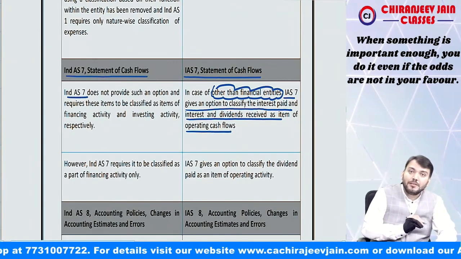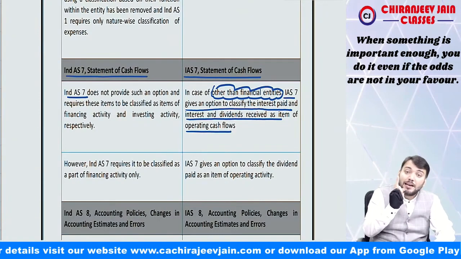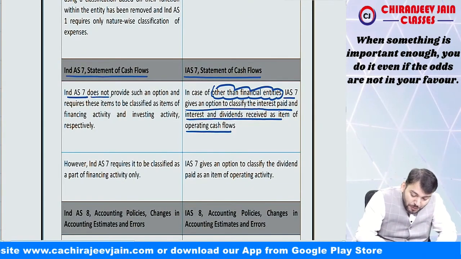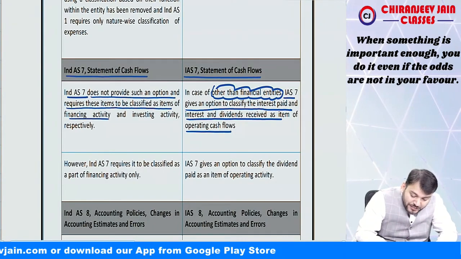Means under Ind AS 7, interest paid will always be financing activity, and interest received and dividend received will always be investing activity, if you remember. So Ind AS 7 does not provide such an option and requires these items to be classified as financing activity and investing activity respectively.